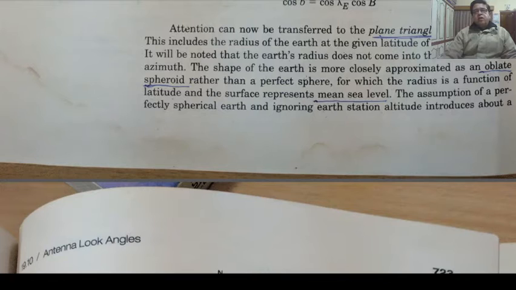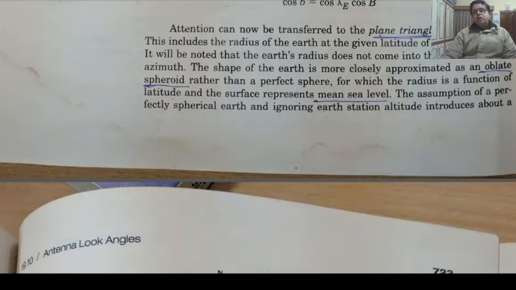The shape of the Earth is more closely approximated as an oblate spheroid. Earth is approximately an oblate spheroid rather than a perfect sphere, for which the radius is a function of latitude and the surface represents mean sea level.